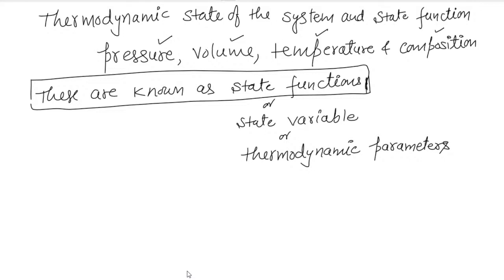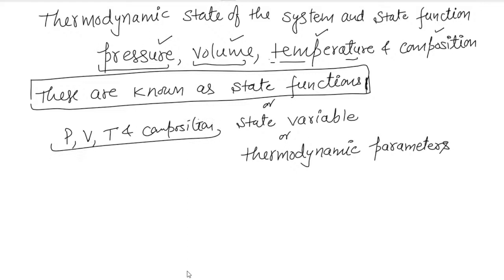Pressure, volume, temperature and composition, out of these four we have to define at least three. Because if we change any one of them, the state of the system will vary. That's why they are known as state variables, state functions or thermodynamic parameters, right?